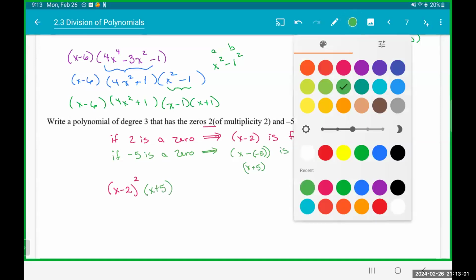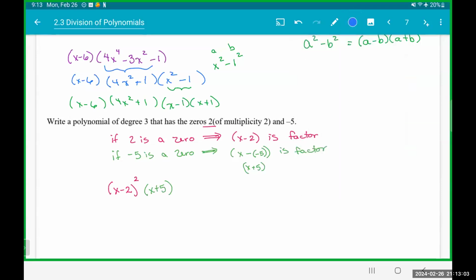And now we just need to expand that out because we want a third degree polynomial. So this is x minus 2 times x minus 2 times x plus 5.